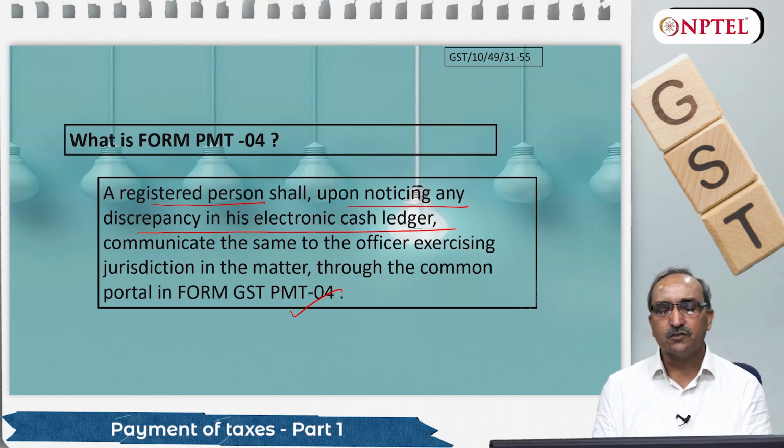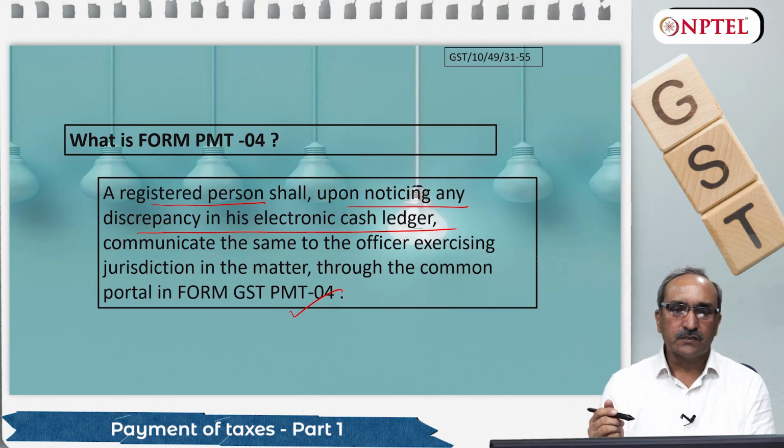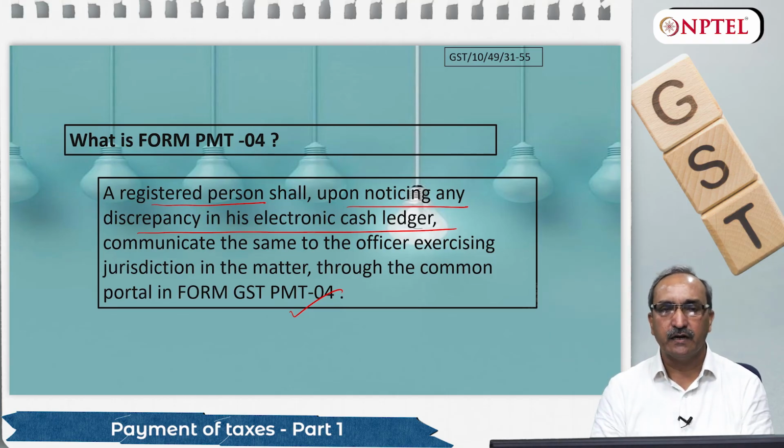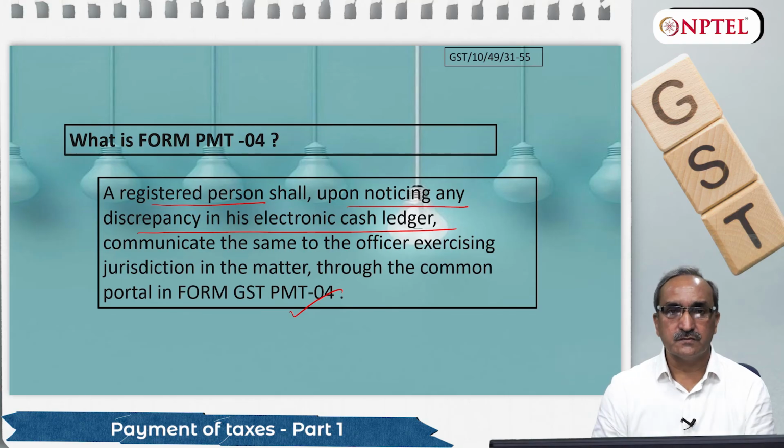So in any case, you are supposed to approach the authorities and apply in form PMT-04 for the corrections. Because I told you that if at any point of time you availed or utilized wrong balance, wrong credit, it will be subject to interest at the rate of 18%, and fine and penalty can also be imposed.